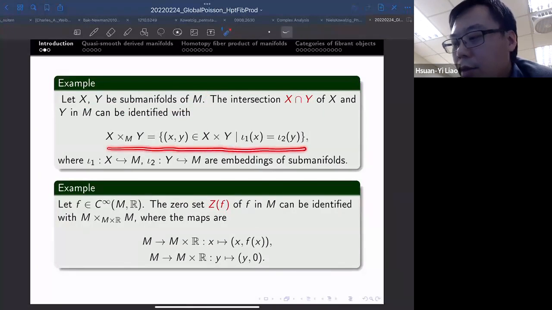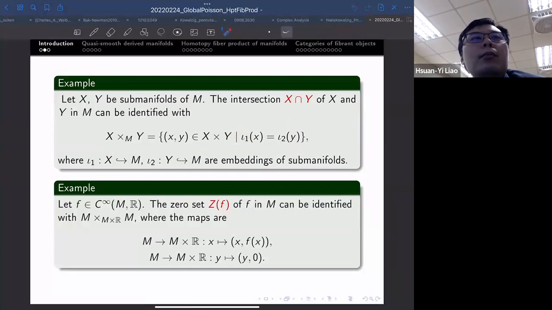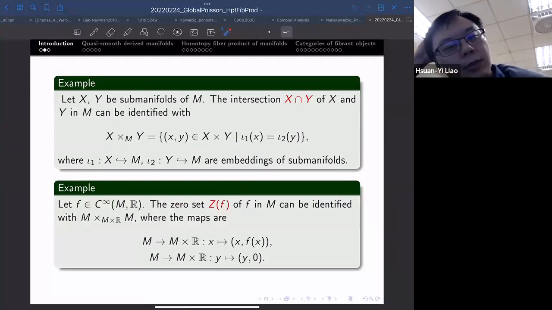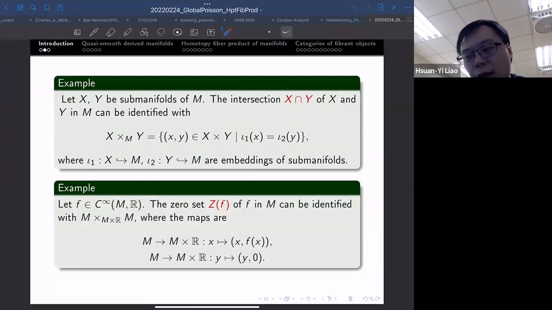I just use the two embedding maps and do the fiber product using these two embedding maps. Then as a set, it can be identified with the set theoretical intersection. So intersections of manifolds can be considered as fiber products.